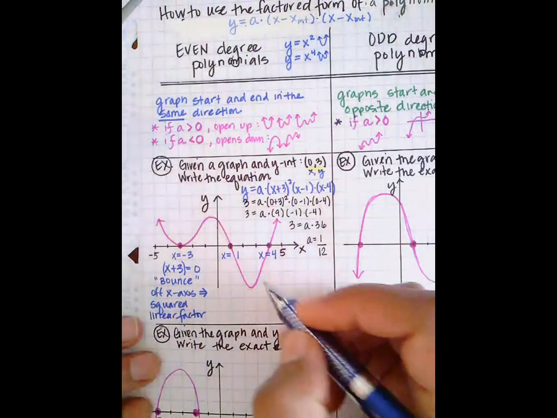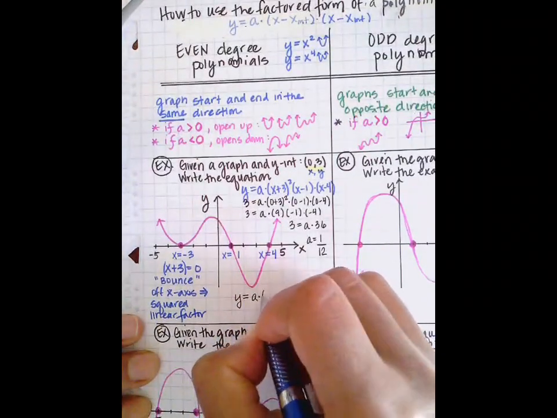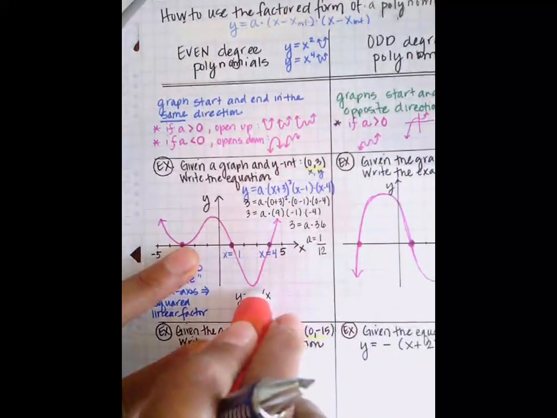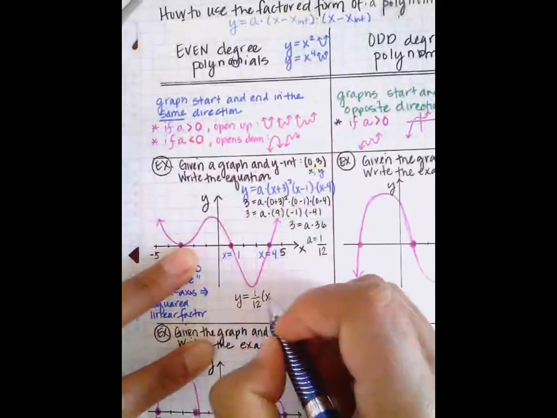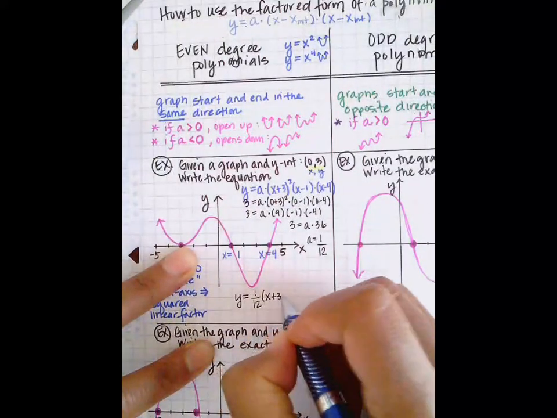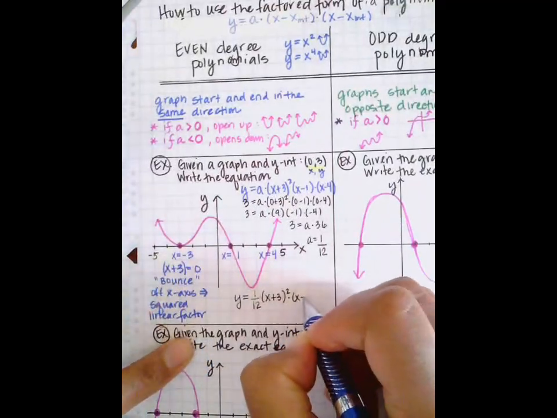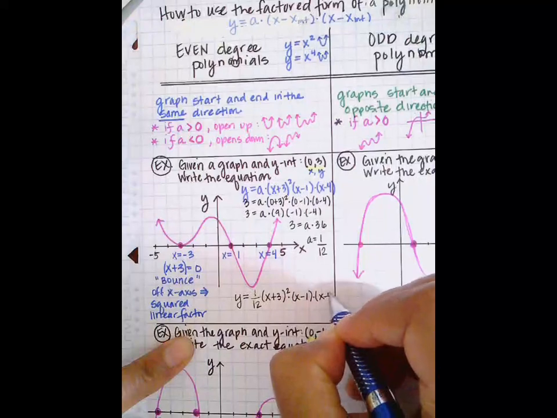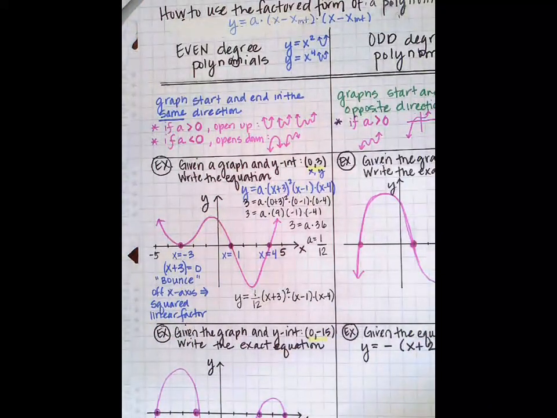So my final equation here is y equals a times, oh, I don't need a anymore. I've calculated a to be, again, 1/12. And then we have the (x plus 3) squared times (x minus 1) times (x minus 4). And that's my final equation for this particular graph right here.